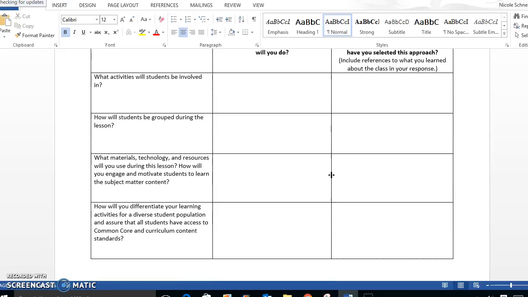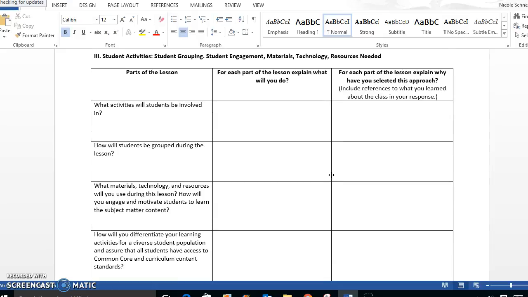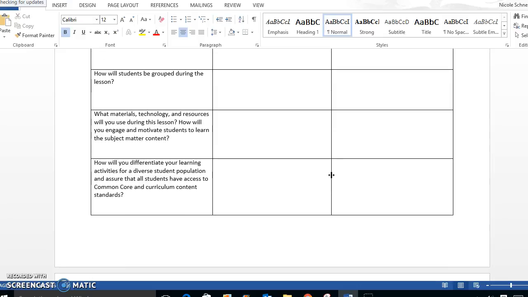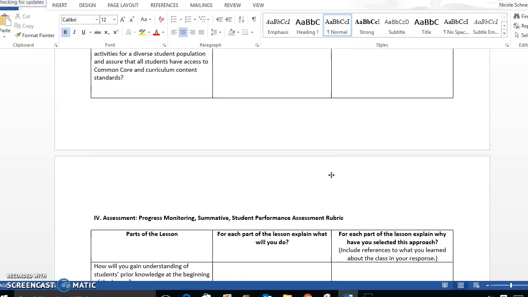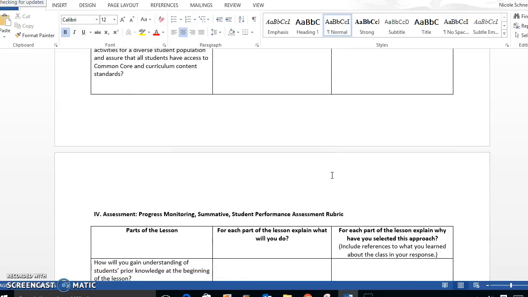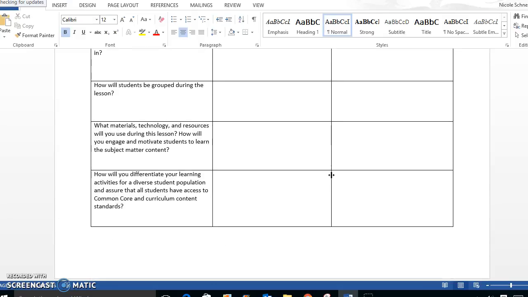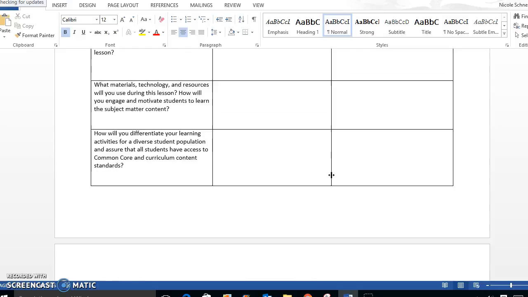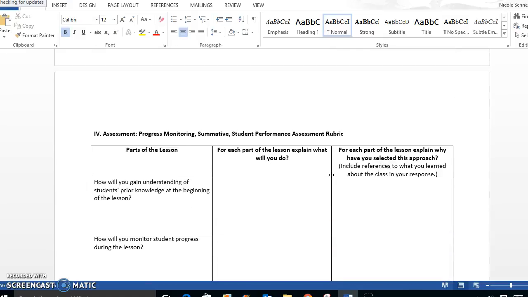So keep their needs and their goals in mind as you're creating this lesson. It's not easy, not simple, but straightforward, I guess is the word I'm looking for, because it really guides you with the questions on the left. So I don't think you'll have a problem with the format.